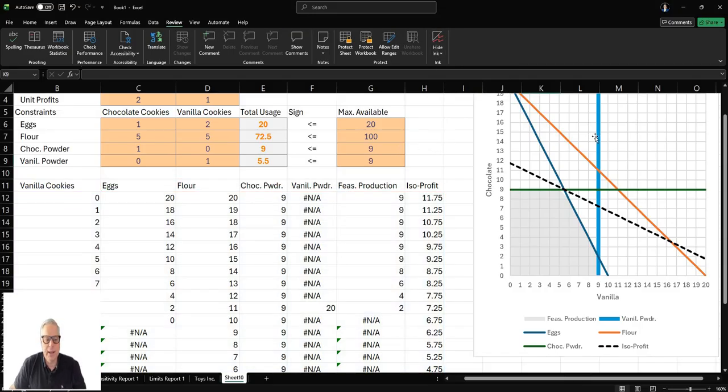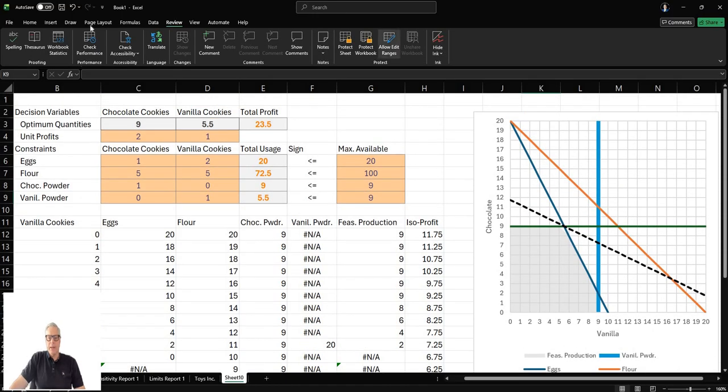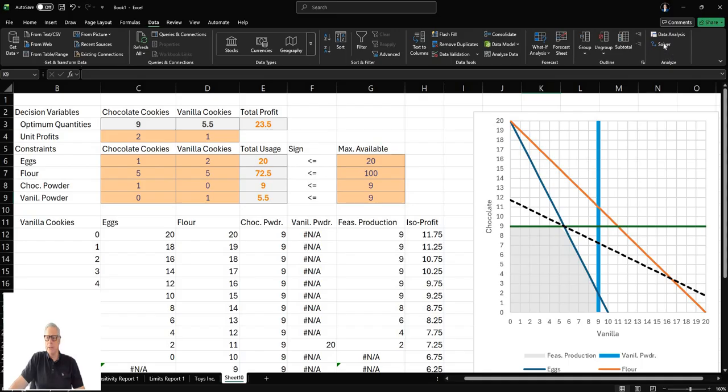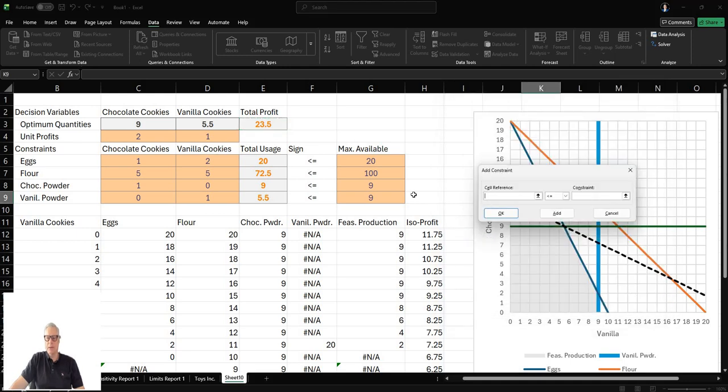So how do we tell Excel that we want an integer solution? And the answer is very simple. We just go to Data, Solver, and then we just add a condition. We just say add.